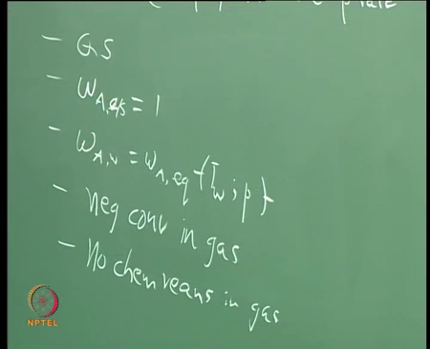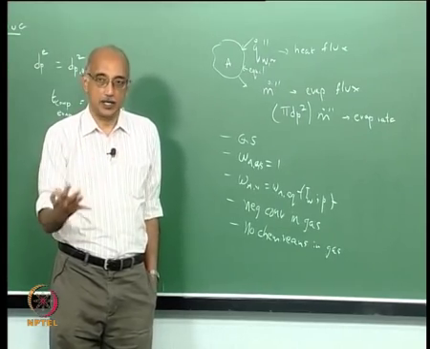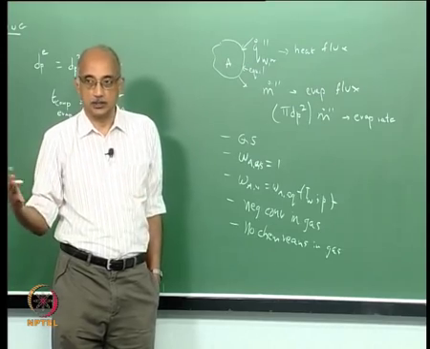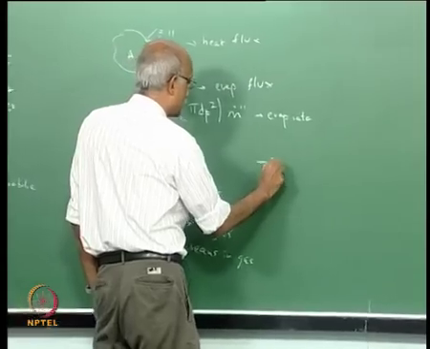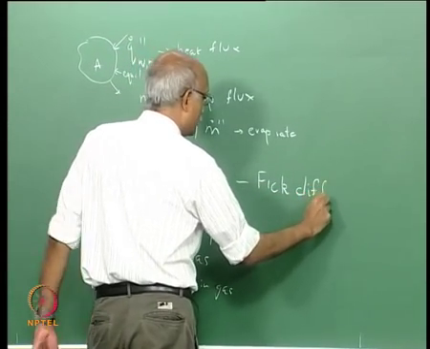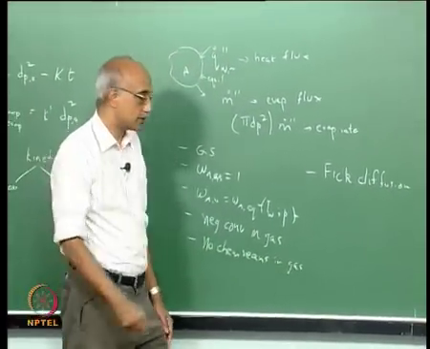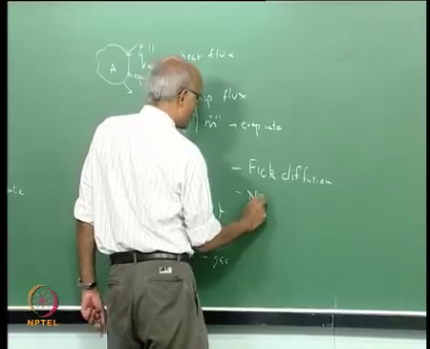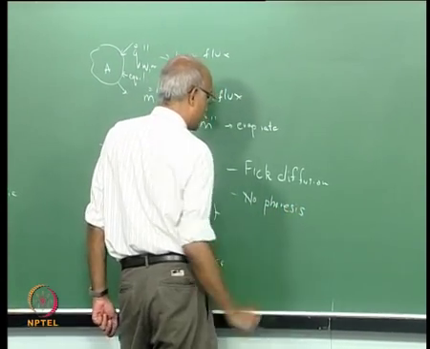So, once the material A leaves the solid particle or liquid droplet and enters into the gas phase, there are no further chemical reactions that convert A to B or C or so on. And let us assume that the diffusion process itself is a simple Fick diffusion process. In other words, we are not considering any phoresis effects, we are not considering thermal diffusion, for example.